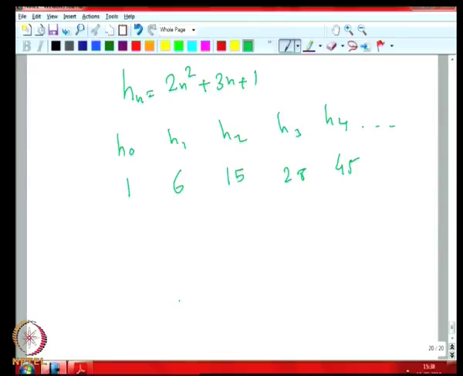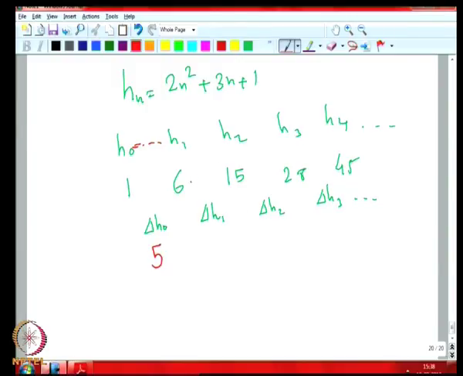So we will write delta H0 here, we will write delta H1 here, delta H2 here, delta H3 here, and so on. Why? Because delta H0 is actually the gap here, the difference here, that means 5 here, 6 minus 1.